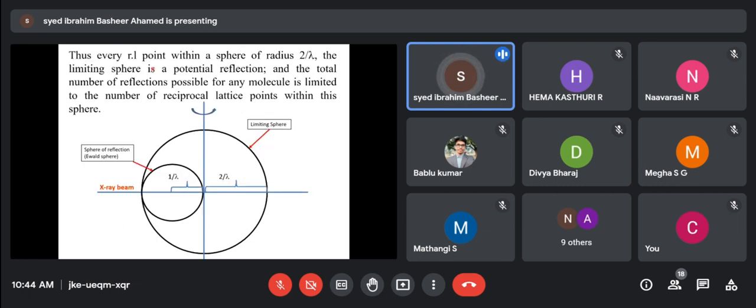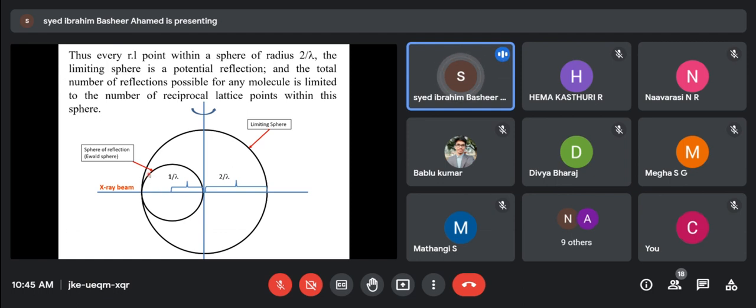So every reciprocal lattice point within a sphere of radius, this is 1 by lambda, so the whole thing is 2 by lambda. Within the sphere of radius 2 by lambda, this is the limiting sphere. Around this, any reciprocal lattice points are there. If you rotate the crystal, the sphere of reflection will rotate.